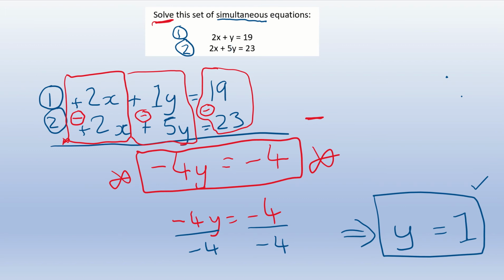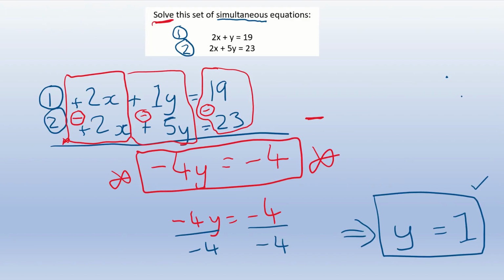So, our last step, we found out that y is equal to 1, and I'm just going to go on to the next page there. Y is equal to 1. You know that for a fact. You know that in your question, wherever you see y, it's equal to the number 1. So your last job to do is to take that piece of information that you found out and substitute it back into either equation number 1 or equation number 2, whichever one you want.